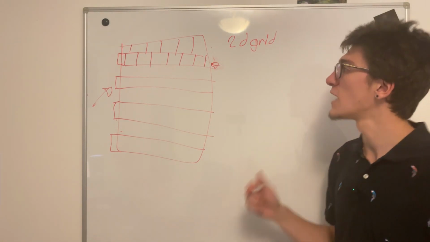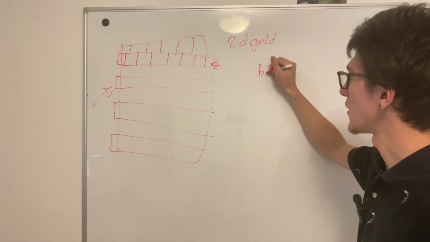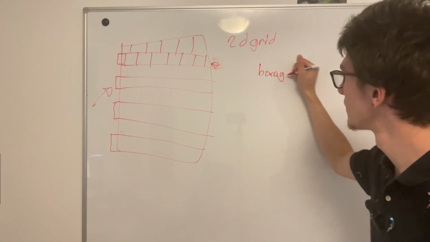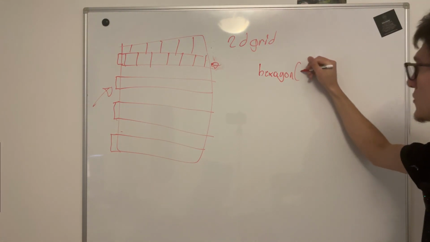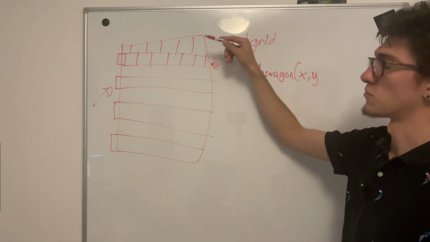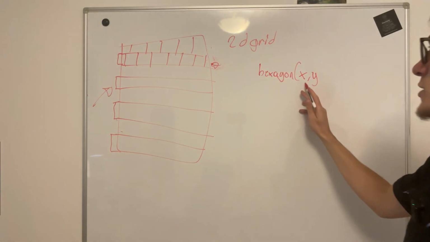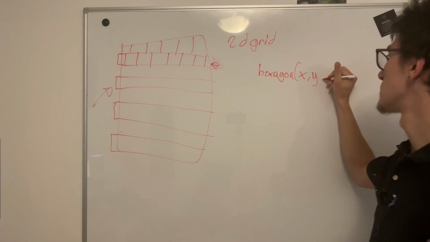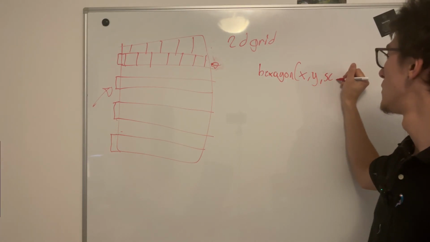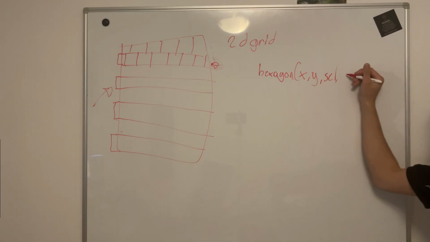So to draw the actual hexagons, I was thinking a function like hexagon here, which would receive x, y for its row, column, or column, row, whatever you want. In this case, it would be column, row, and then possibly the scale. And we could pass an offset, right?